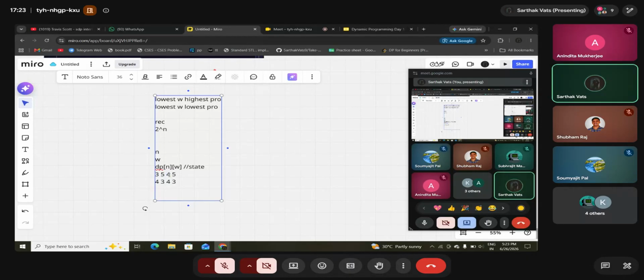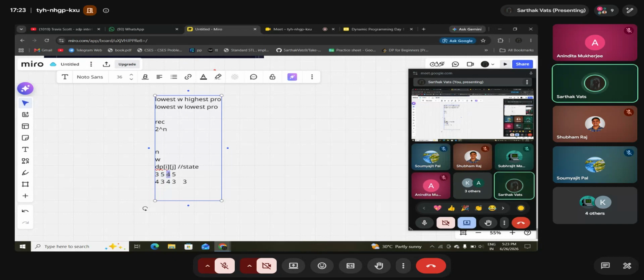Suppose I'm at the ith index, which is 3, and the weight I'm currently considering is 3. Then what is the maximum value I can produce till then? If I'm at the third index and I need the total weight to be 3, then what is the maximum profit that I can achieve with this specification?